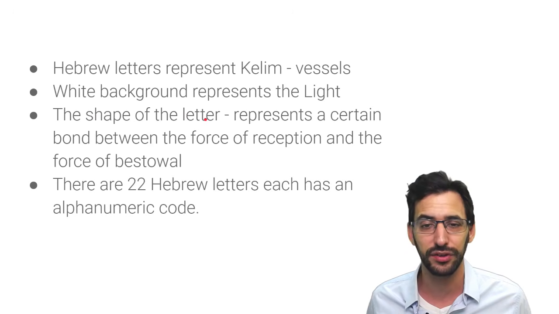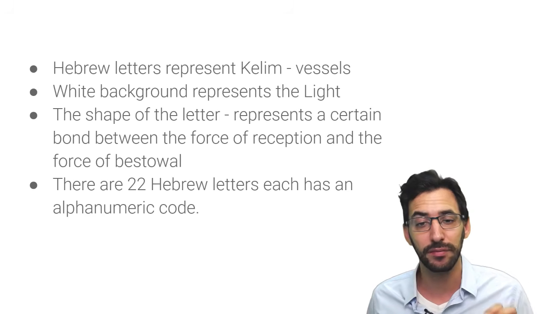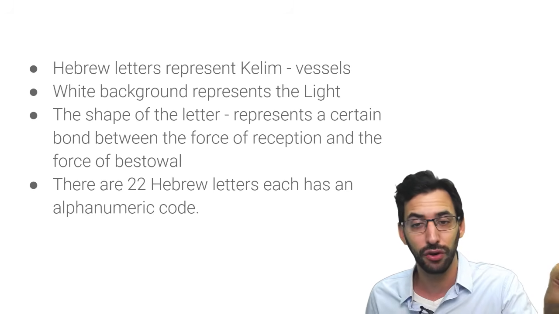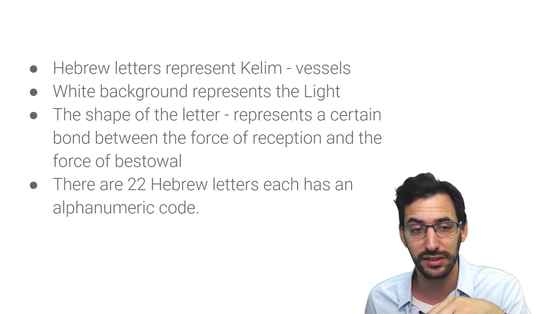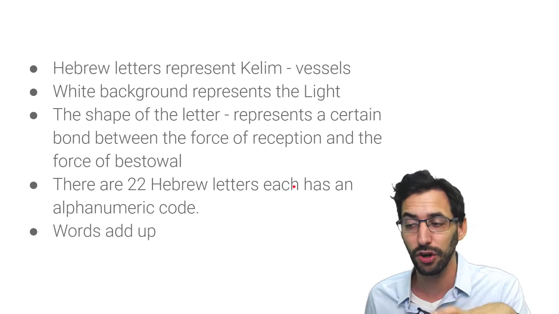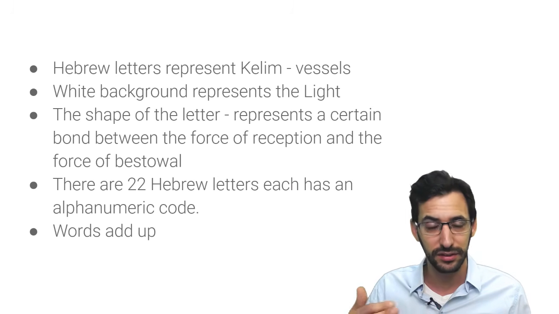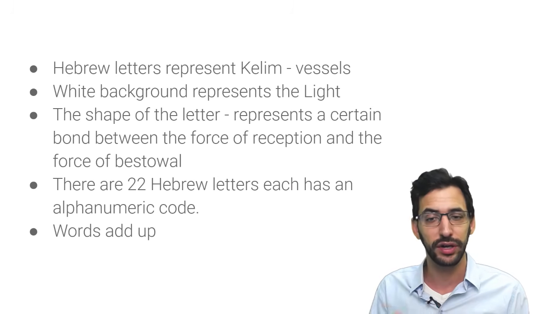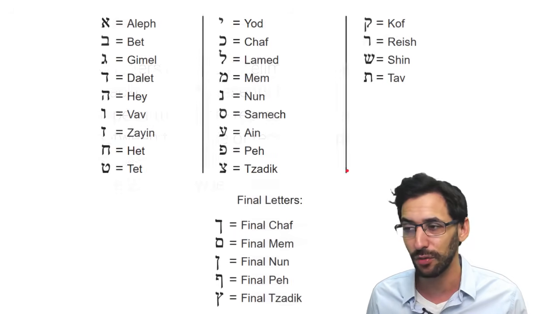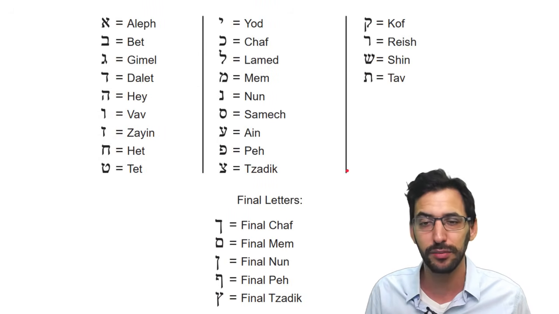Altogether there are 22 Hebrew letters, and each of them has an alphanumeric code related to it, which we'll take a look at in a second. Words add up: if you take one word and add up its letters, you get the numerical value of that entire word. Here is a quick look at the different letters of the Hebrew alphabet.